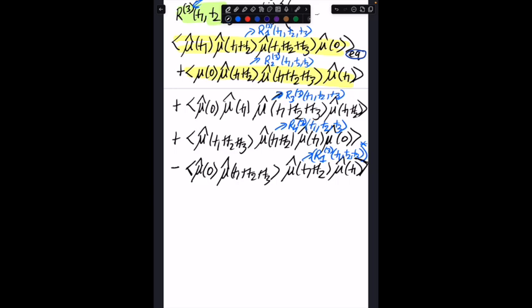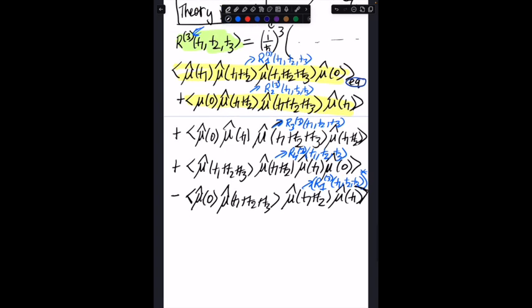Since this is an expectation value, it corresponds to some scalar, and then what you could do is just take the complex conjugate of this expectation value, and when you take the complex conjugate, just know that these are observables or operators.